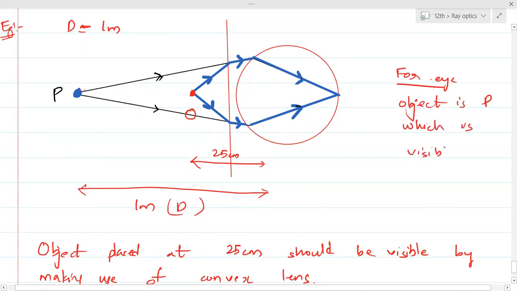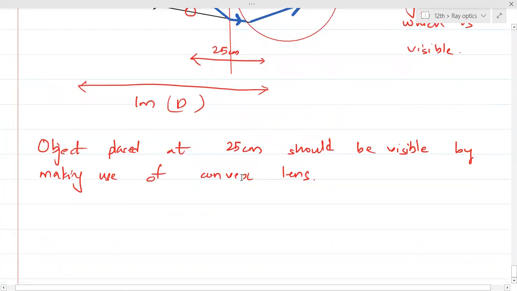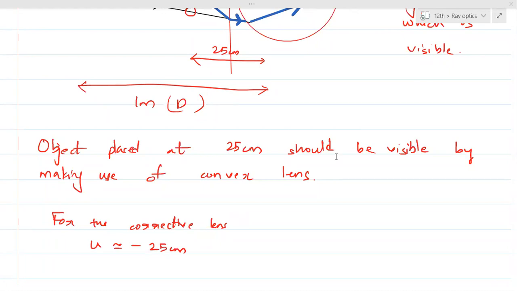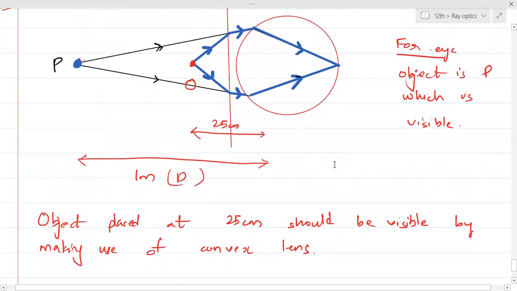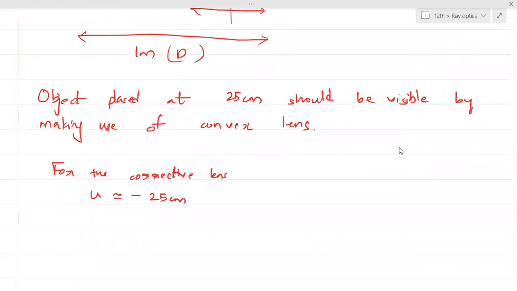Understood? So for the corrective lens, what will U be? For the corrective lens, U is almost equal to minus 25 centimeter. Yes or no?